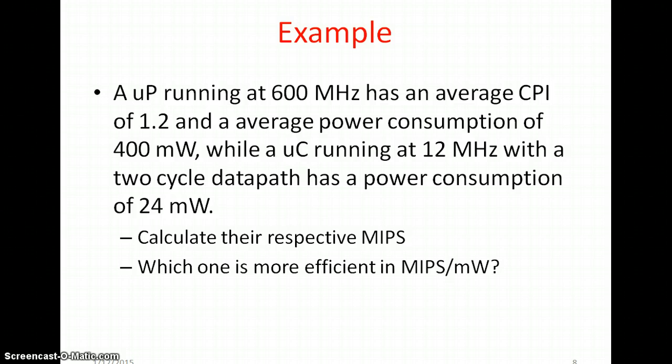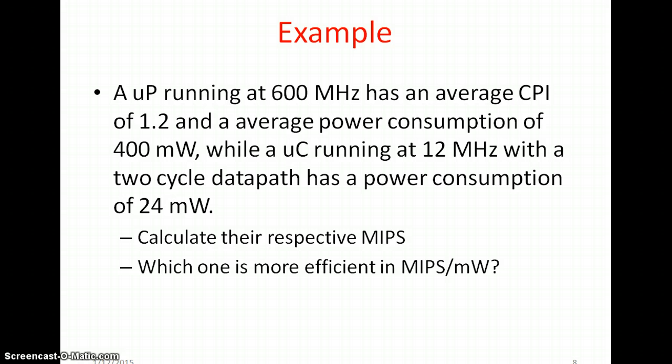It is the example. A microprocessor running at 600 MHz has an average CPI of 1.2 and an average power consumption of 400 milliwatt, while a microcontroller running at 12 MHz with a 2-cycle data path has a power consumption of 224 milliwatt.